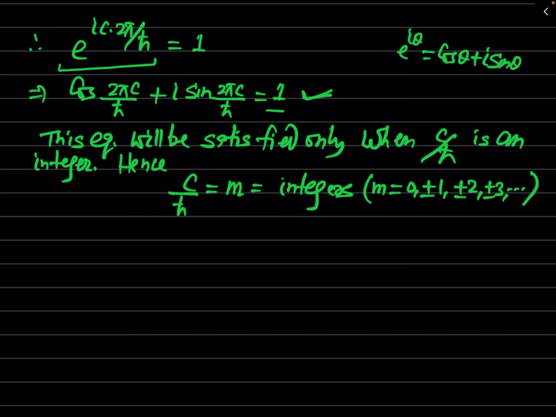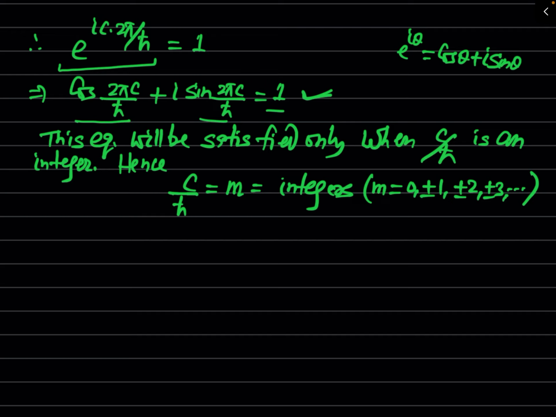You can check. When you take m equal to 0, then c over h bar will be equal to 0. So cos 0 will be 1, and sin 0 is 0. And if you take m equal to plus 1, then this will be cos 2 pi plus i sin 2 pi, but sin 2 pi you know is 0.